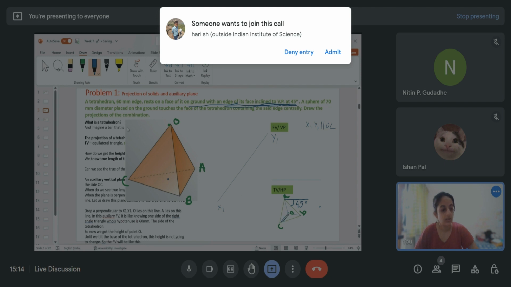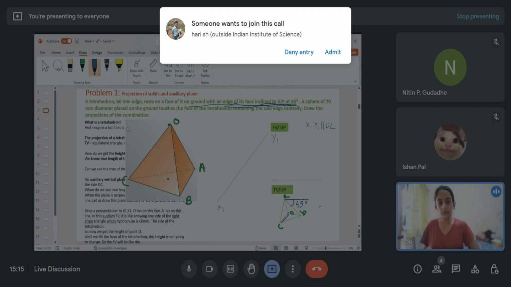Okay. So if we have a vertical plane here and we have rotated it, you will see it is still perpendicular to HP. So you will see it as a horizontal line in the horizontal plane. So this is your auxiliary plane, which is still perpendicular to HP.